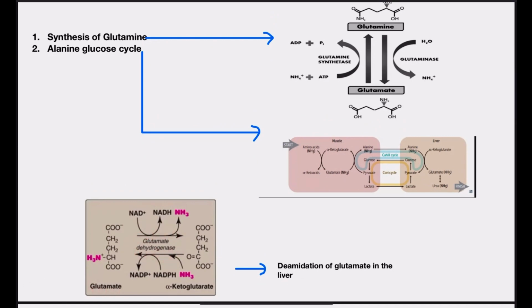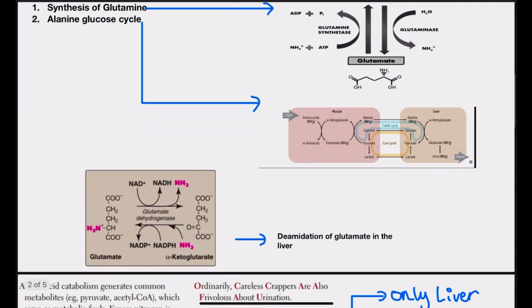So glutamate becomes alpha ketoglutarate, and we have free ammonia right here, which is one of the ammonias that's incorporated in the urea cycle. Please note that if we reverse the step, we should use NADPH and NADP plus as cofactors. This is a very important point to make note of.